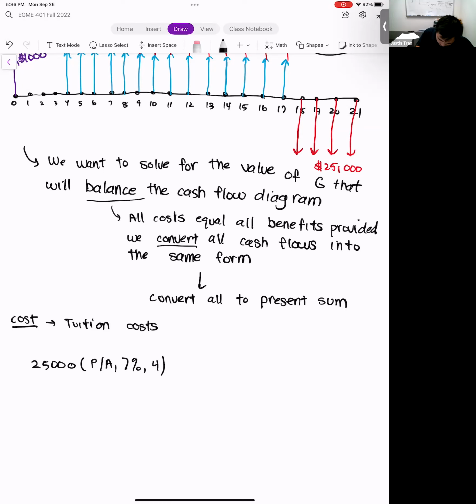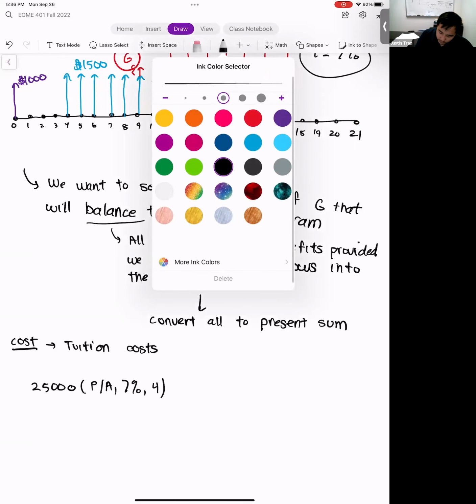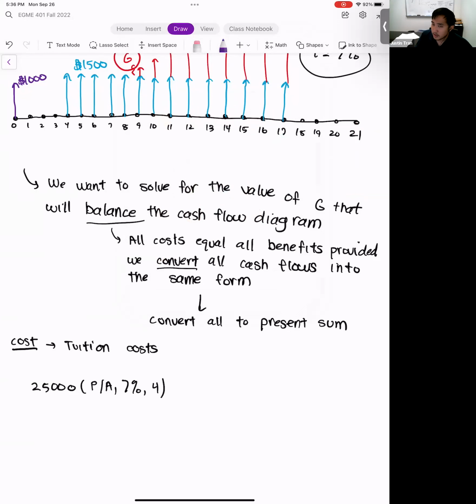Just like before, this is going to lump everything together. So let me delete all of this. Instead of the uniform series on years 18, 19, 20, 21, we now have just a single lump sum here.